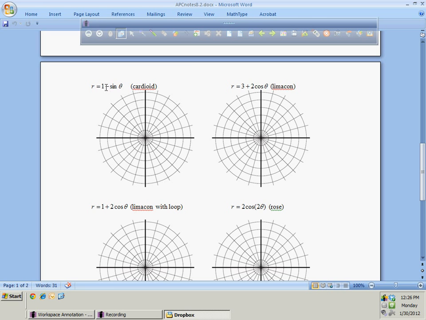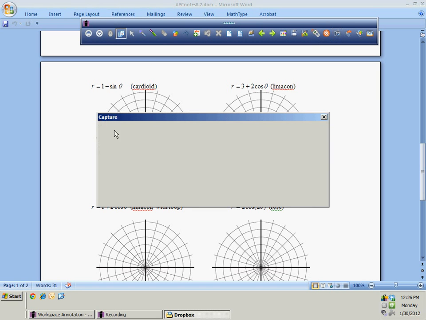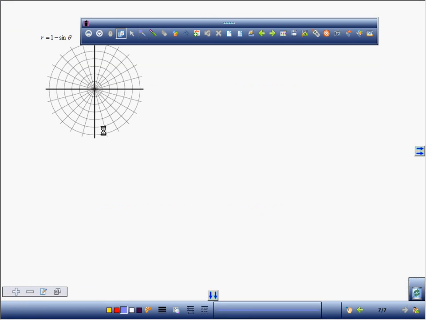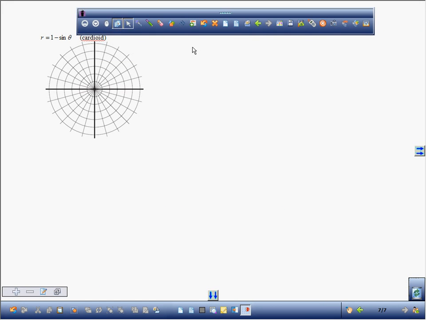It's understood that there's a 1. So the way I graph that is by making a little table of values. How do I make a little table? Is there a fast way? You guys know. Let's try to make a table. Here's a table.